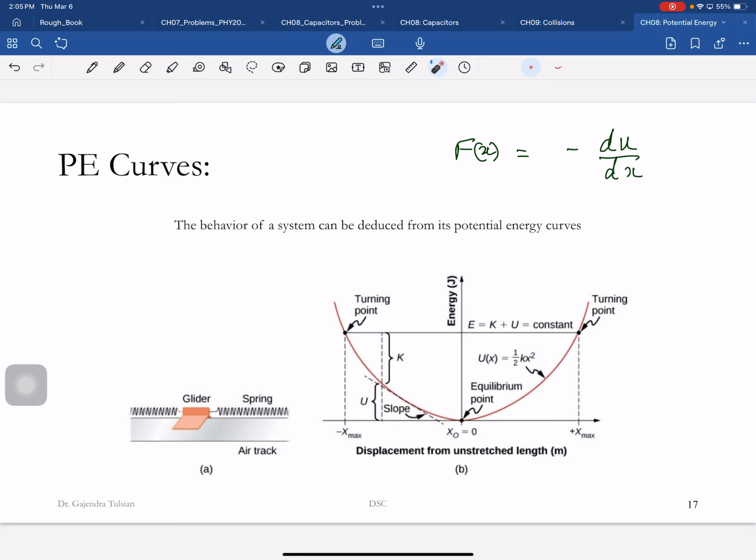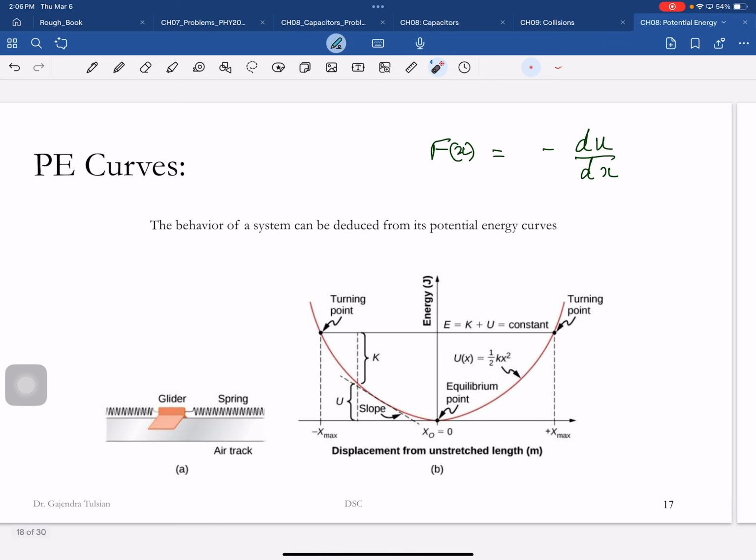What is the equilibrium point? What does equilibrium point mean? Force applied is 0 in both directions. So dU by dx is 0 here, and the force on this mass is 0. The system is not applying any force on it.